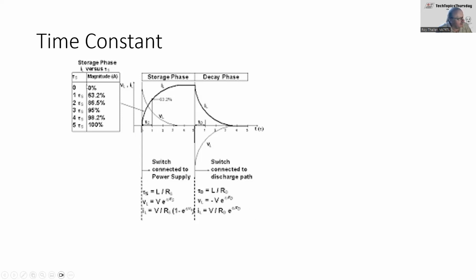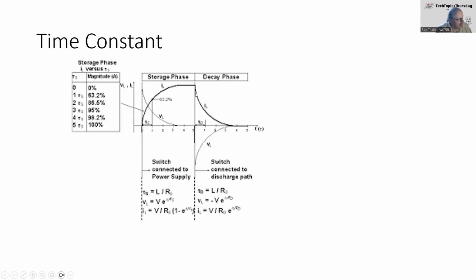The thing to remember is, at 0 time constant, after 1 time constant, it's 63% of the value. At 2 time constants, it goes up to 86. 3 time constants, 95. 4 time constants, it goes up to 98. And 5 time constants goes up to 100%. So it'll be a curve up here.